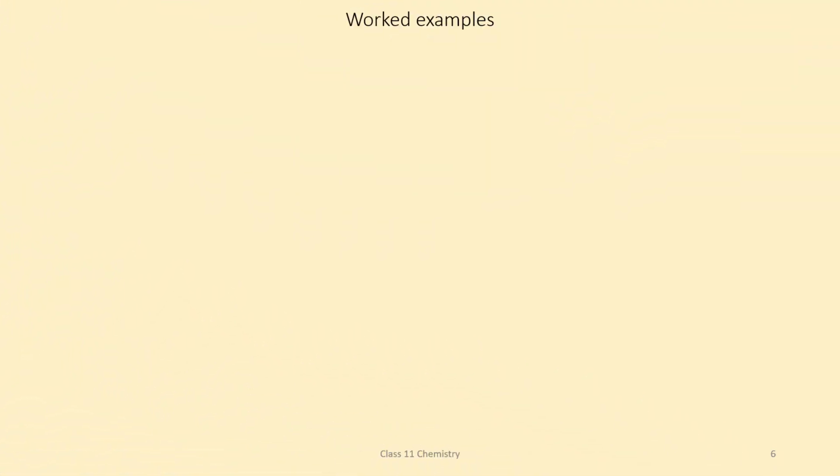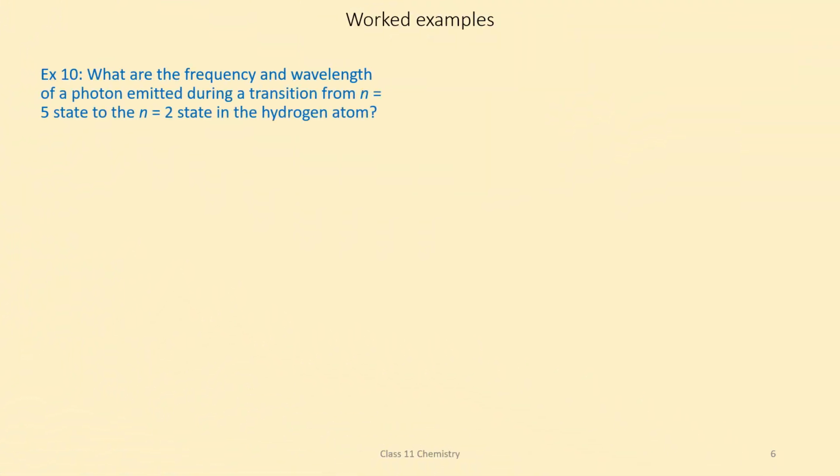Now we'll take up some worked examples. Example number 10. What are the frequency and wavelength of a photon emitted during a transition from n equal to 5 state to n equal to 2 state in the hydrogen atom? Answer.